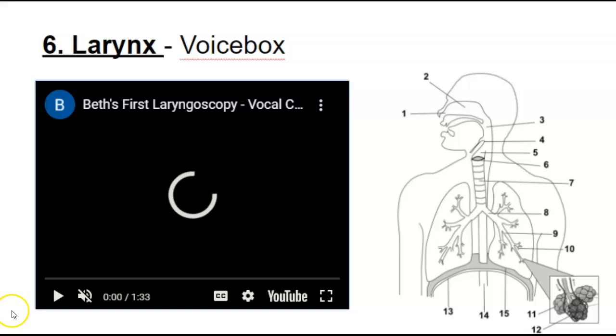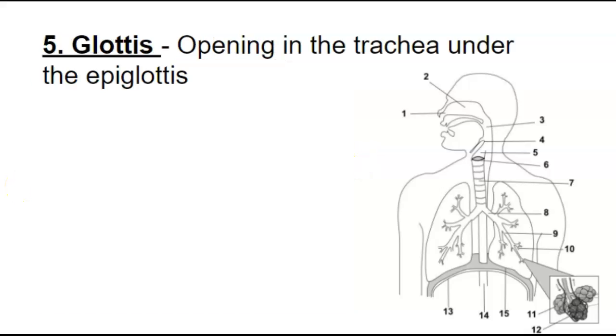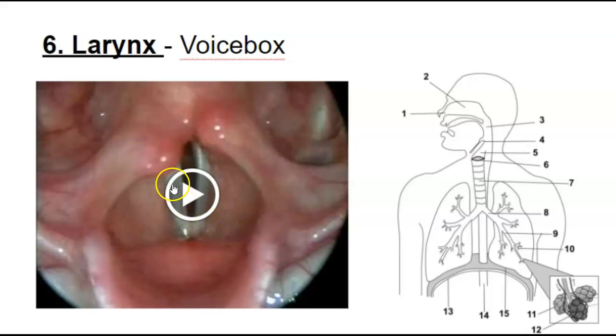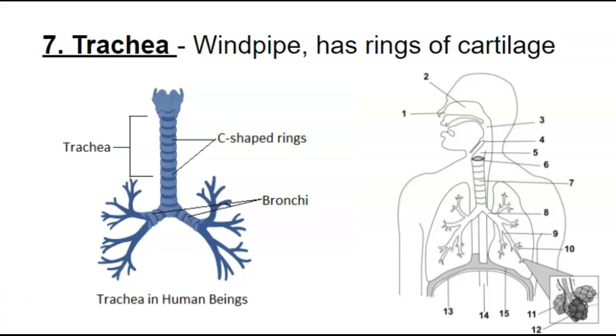This video is not going to work, but there are 2 little flaps that vibrate. Let's see if I can refresh here. You'll see these are the 2 flaps, and what happens is they vibrate, they open and close, and that creates sound. So air is passing through and causing these flaps to then shake back and forth, and that creates sound.